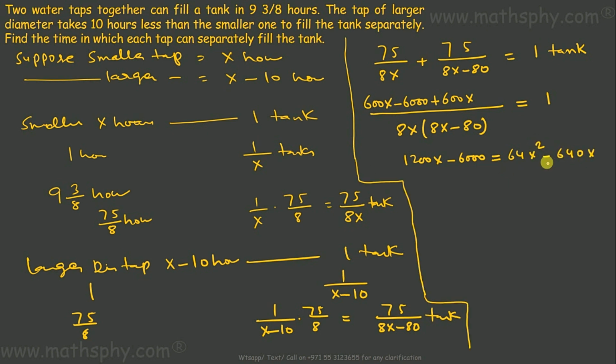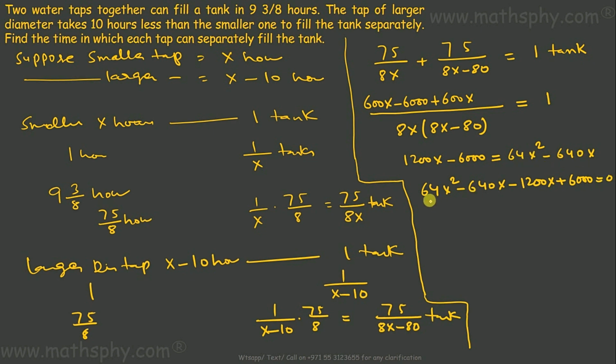If we try to solve this, this will be 64x squared minus 640x minus 1200x plus 6000 equals to 0.